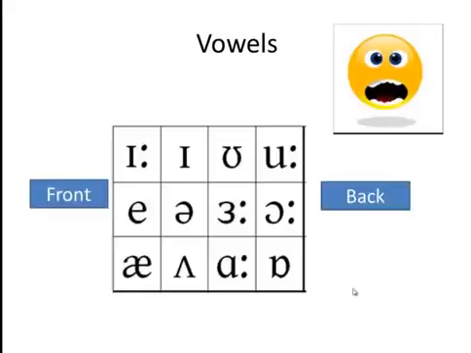Something worth looking at here, that's quite interesting, is that the way that they're arranged is that your tongue goes from the front of your mouth with these ones to the back of your mouth with these ones. So if you say E, put your finger on your tongue when you're saying E, and now say the sound oo, and see what happens to your finger.